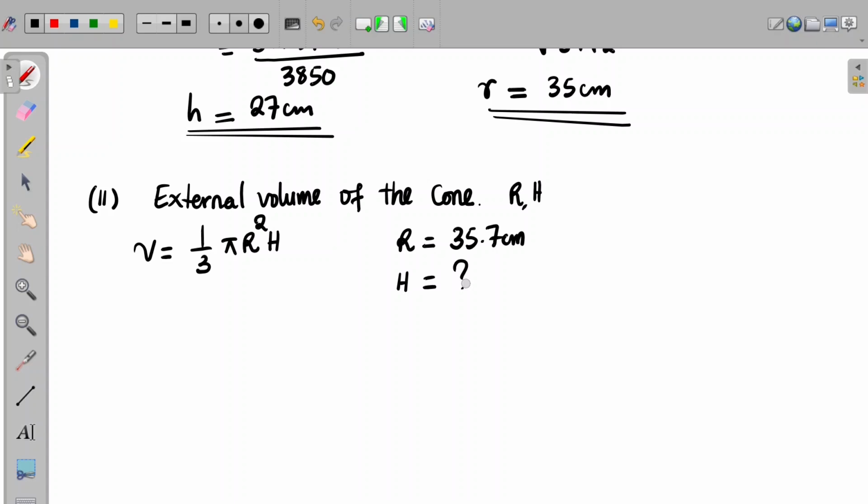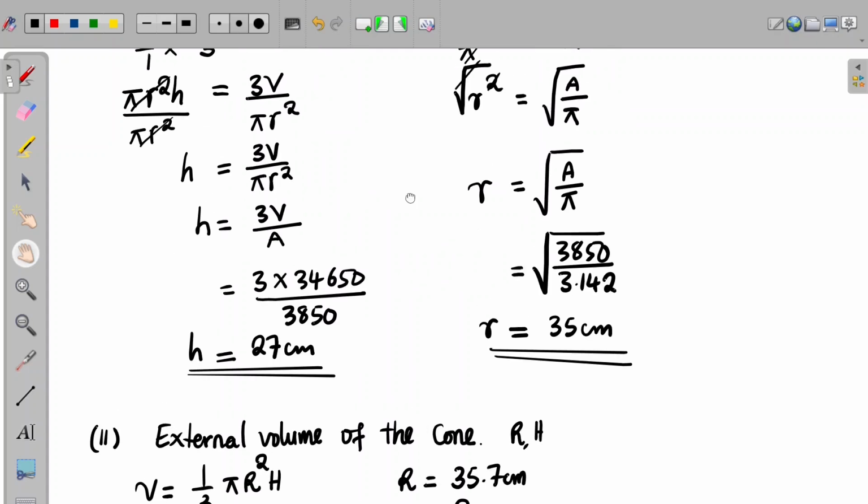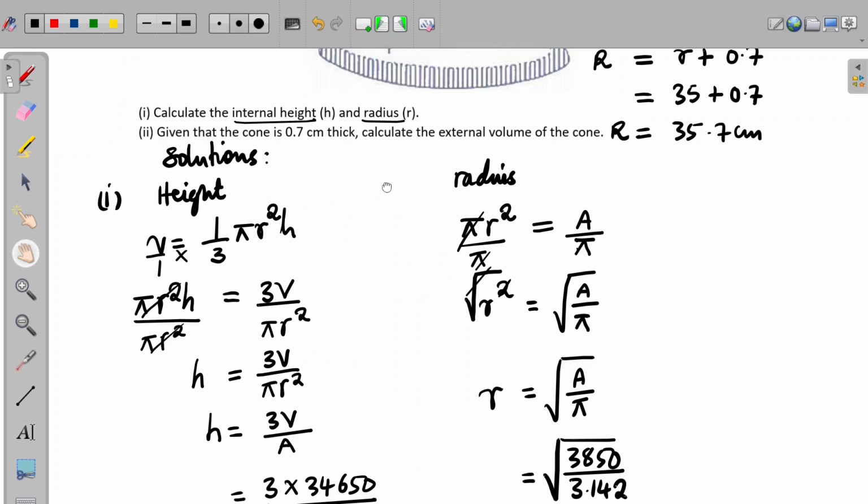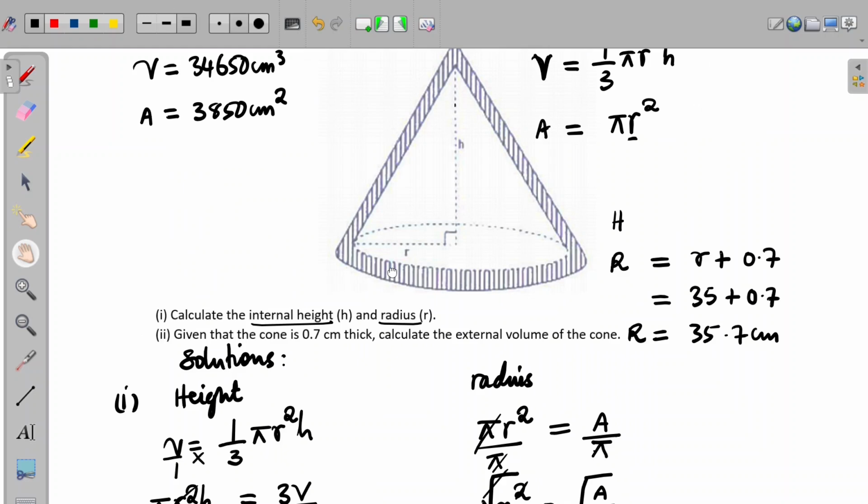So capital H is unknown. So what we are going to do is to use ratios to find the capital H. Let me first of all come to the diagram and tell you how it is.